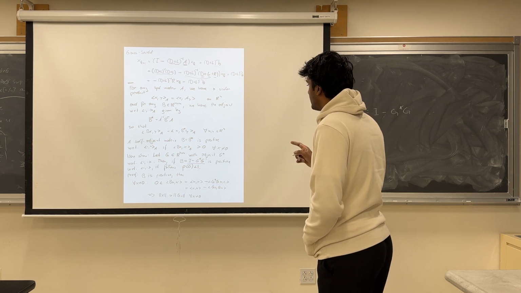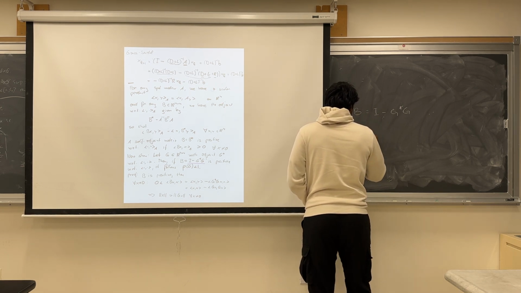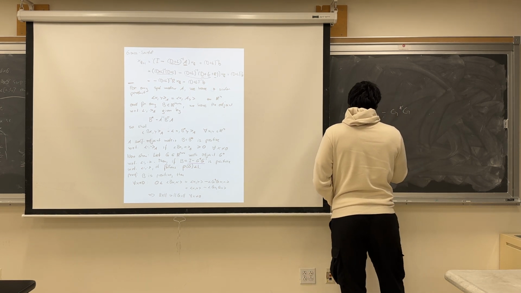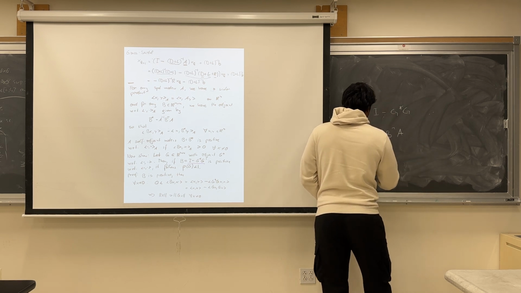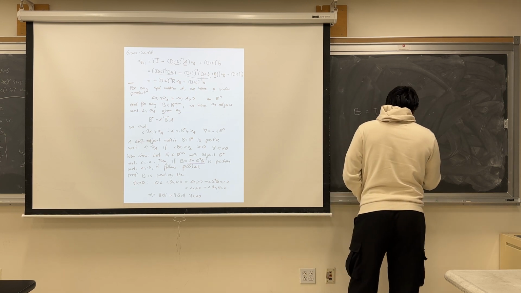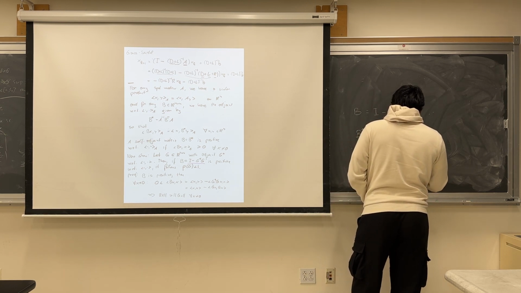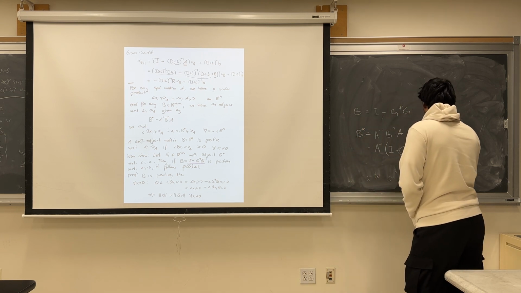First I have to show that this is self-adjoint, and the definition of adjoint B star is A inverse B transpose A. Let me put that in here. A inverse, identity minus G star G, transpose A, right?